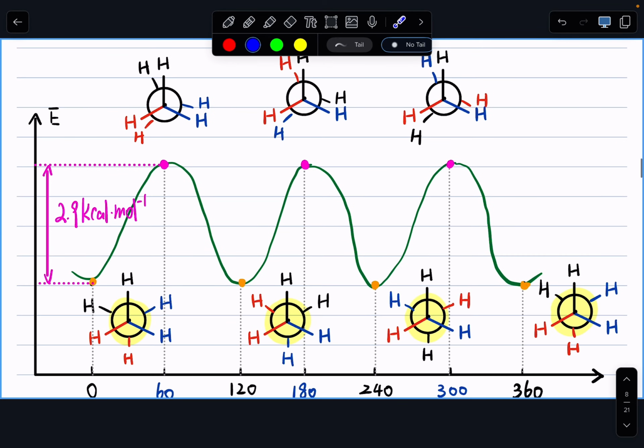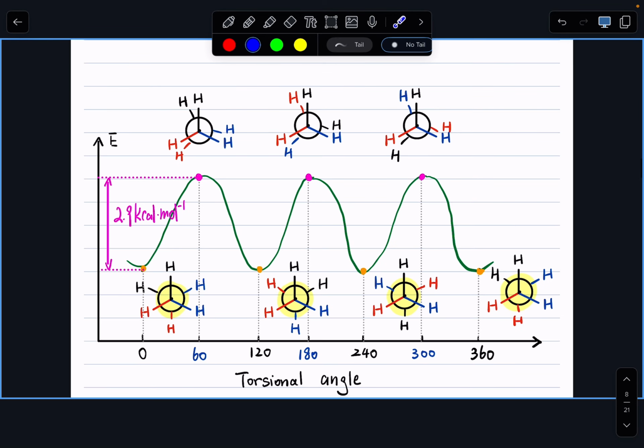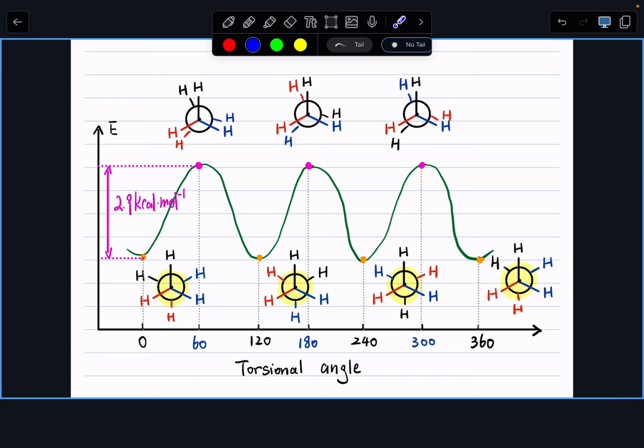If we start from a favored staggered conformation that is more stable, we can continuously rotate throughout that single bond so that we're getting a potential energy surface. So what is a potential energy surface? On the y-axis is energy, or the other way to put it, some kind of electronic energy telling us how stable a conformation is.